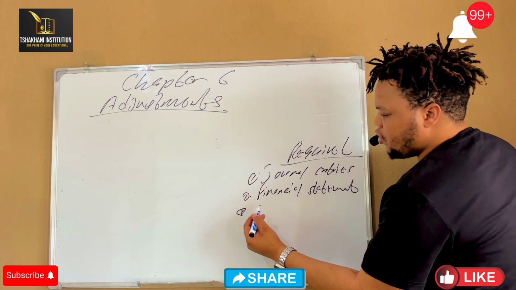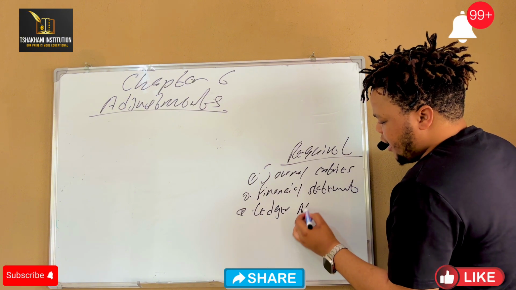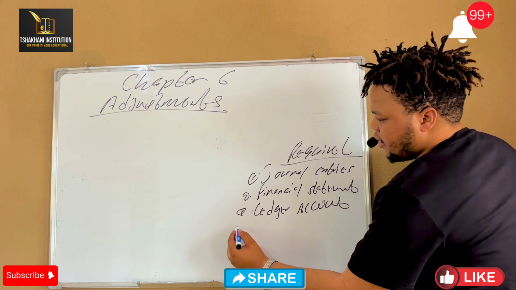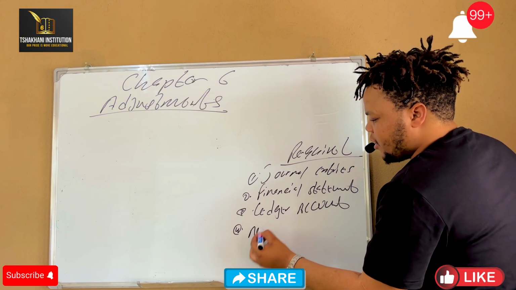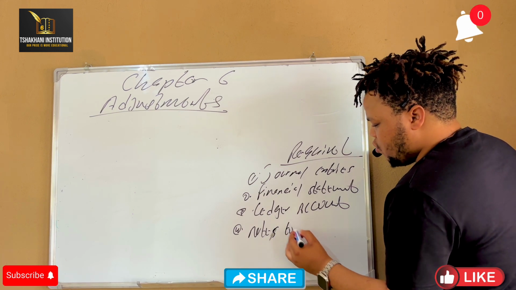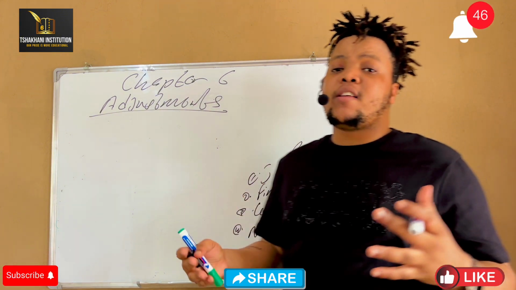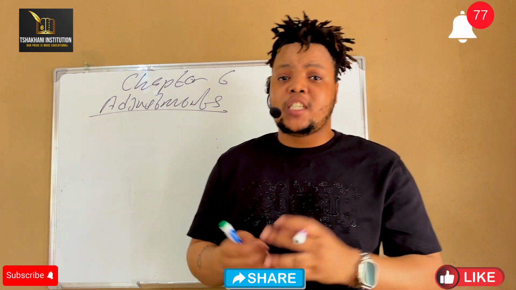Number 3, they are going to say deal with the ledger accounts. Number 4, they might require you to deal with the notes to financial statements. Those are the requirements that we are used to in most chapters.